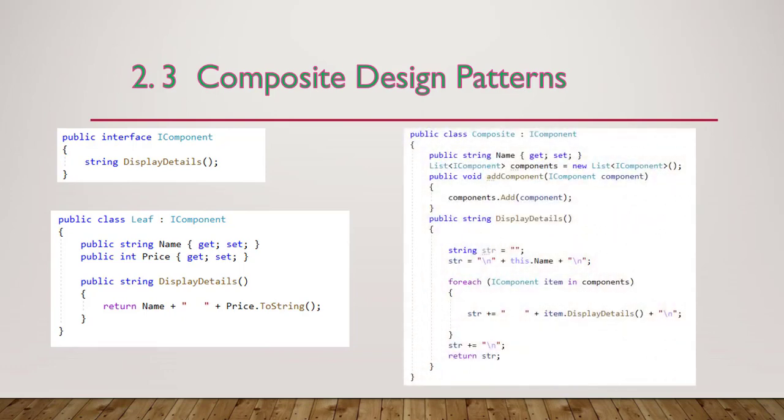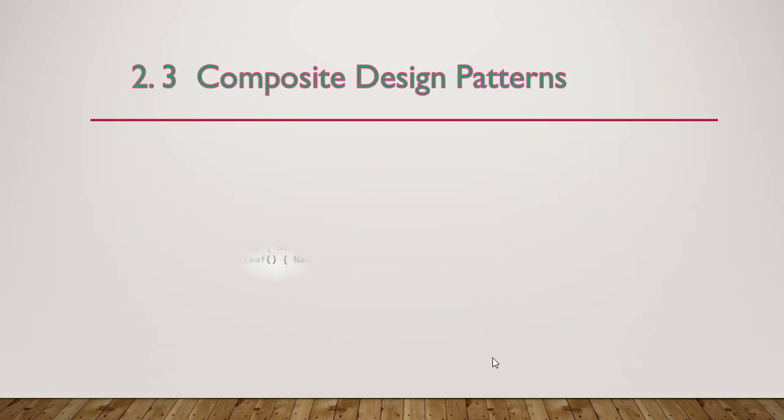Then we have composite, which inherits iComponent, and it has a name and a list of components. So composite can have components and components can have leaves. Now in the display details of composite, it takes the name, it takes the display details of each leaf, concatenates them in a string, and we return the string.